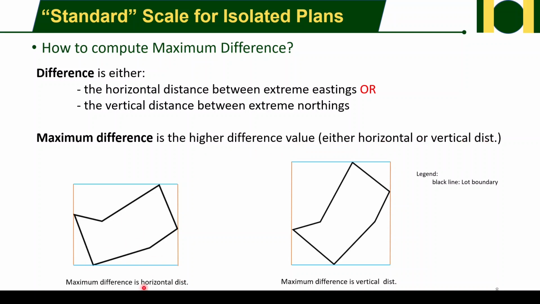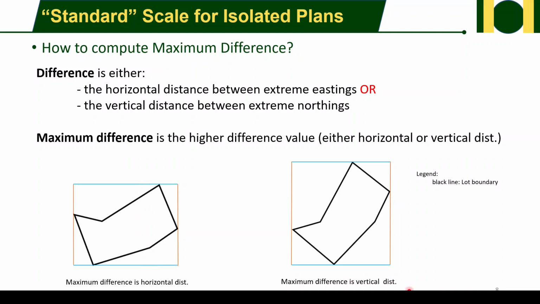For example, the property or lot boundary represented by a black line. The maximum difference here is the horizontal distance, because the width of this property is longer than the height of the property.